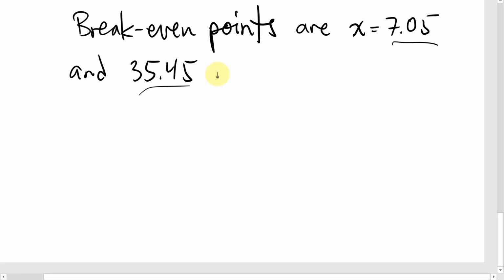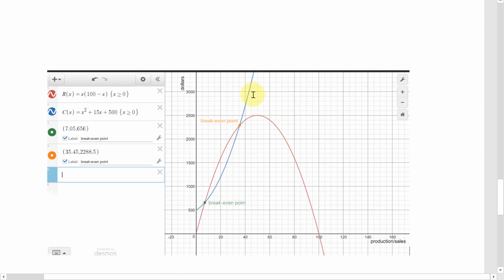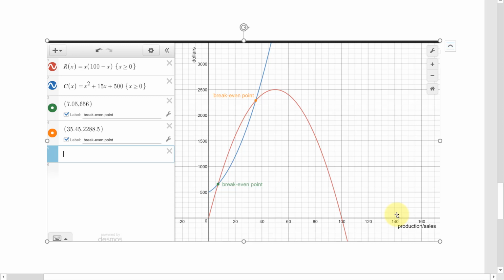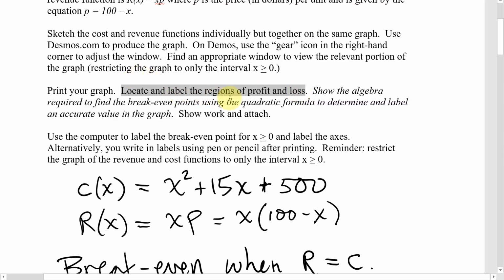So you don't even necessarily have to print it. You could just paste it right into Word. And then in Word, I could use Word to create labeling of the region of profit. That was part of the directions. It says locate and label regions of profit and loss.